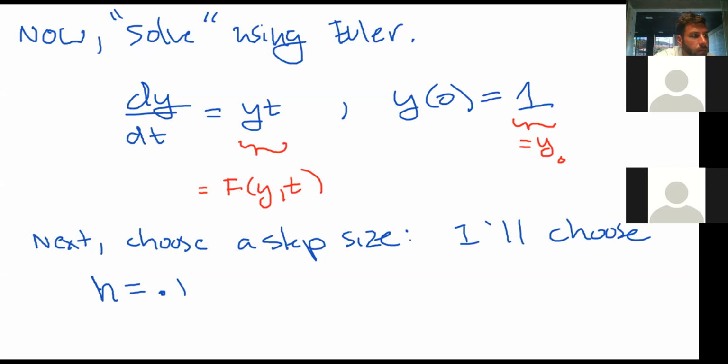You get to decide what value of h you want. You could choose any value of h. You want it to be a small number. The smaller h is, the more accurate your approximation should be. So I can put like 0.1 or 0.001? Absolutely. Does that make sense? Yes.